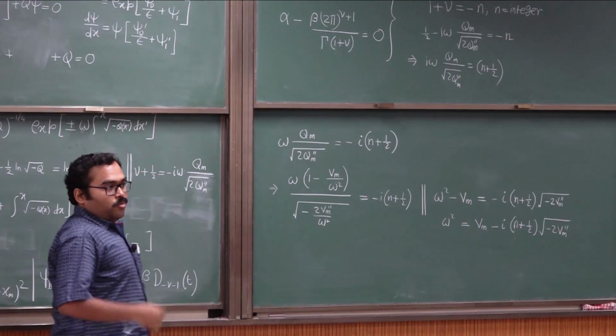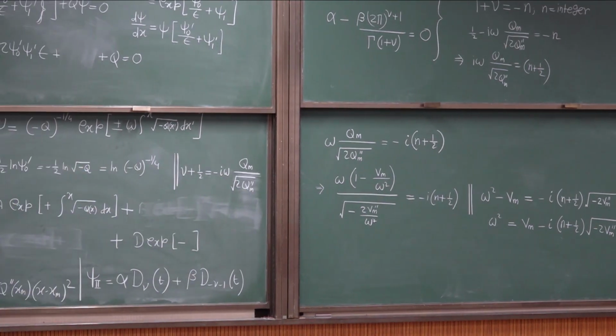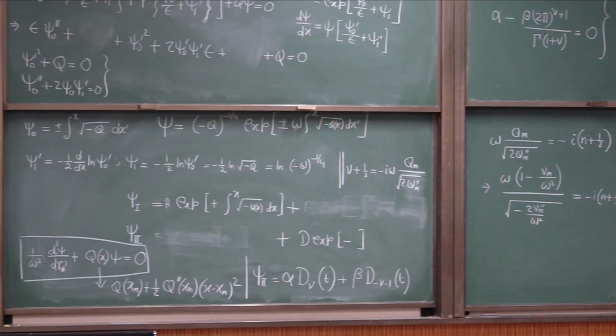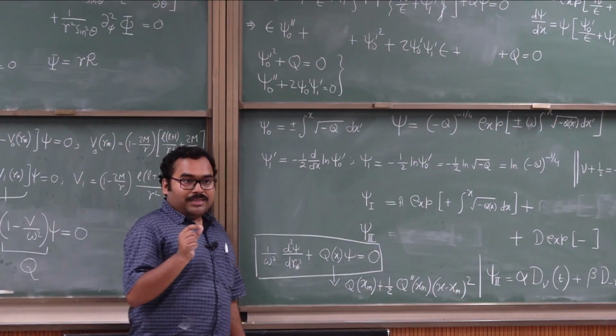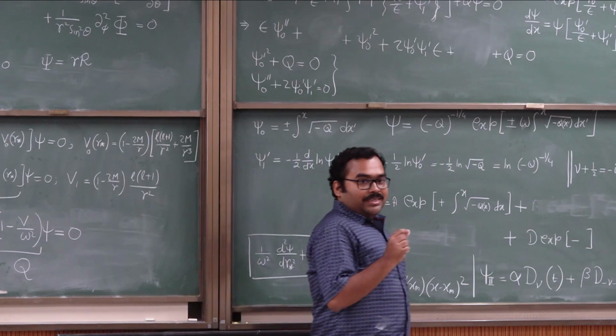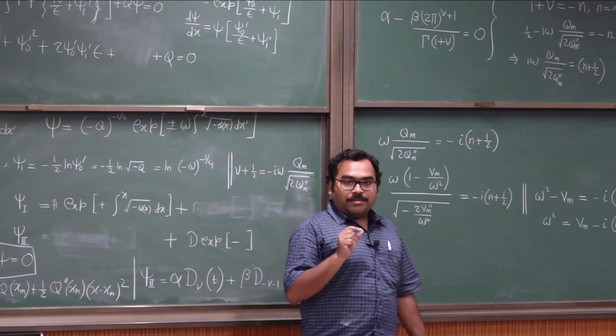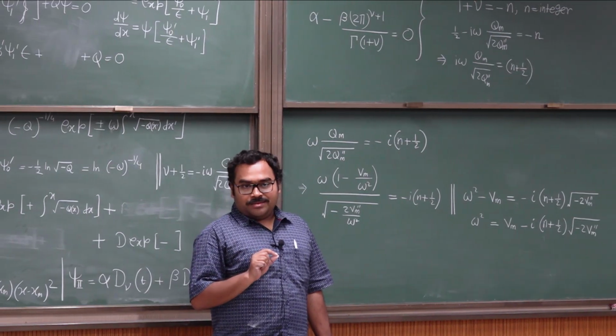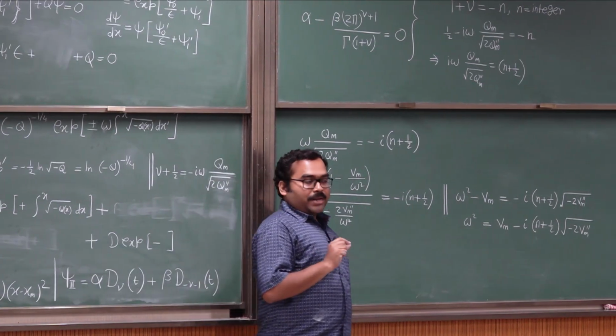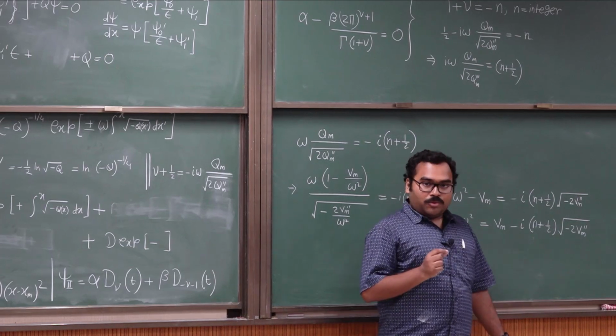So you see that omega must have a real part as well as an imaginary part. And the imaginary part, in particular the sign of it, depends crucially on whether your V has a maxima or a minima. Because if V has a maxima, then Vm double prime is positive.